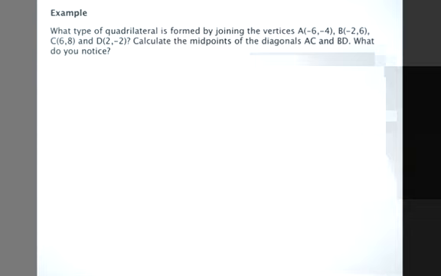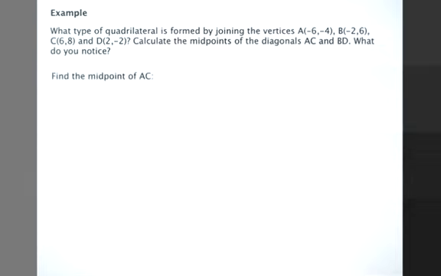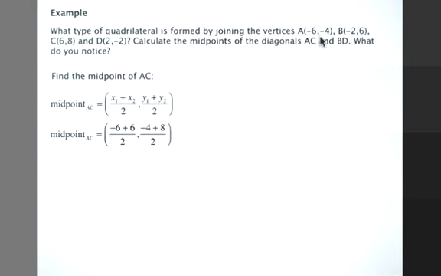So now we need to look at the midpoints of the diagonals AC and BD. So first we'll find the midpoint of AC. So we use our midpoint formula, sub in from the vertices given. So -6 plus 6 over 2, -4 plus 8 over 2, gives us 0 over 2 and 4 over 2. So the midpoint of AC is the point 0, 2.